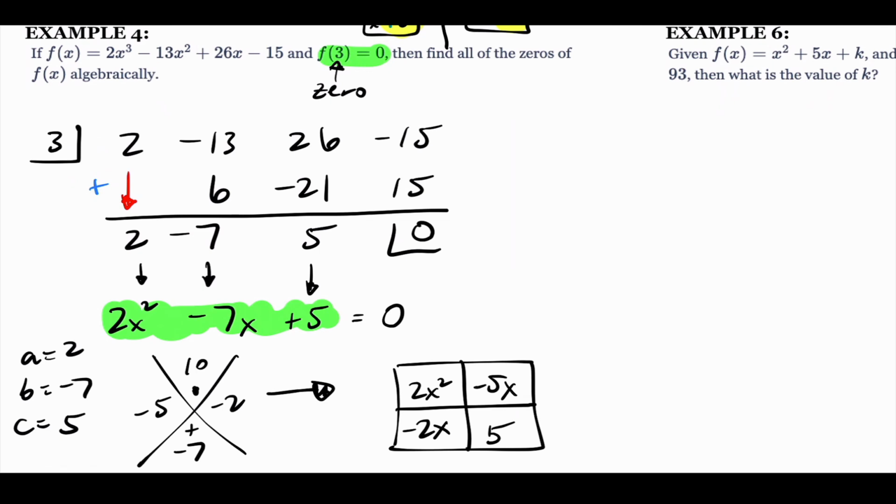One of them needs to be a 2x, and one of them needs to be a 1x. 2 is going to go up there. Okay, so let me move up here. So I have x minus 1, 2x minus 5 equals 0. Set them both equal to 0.